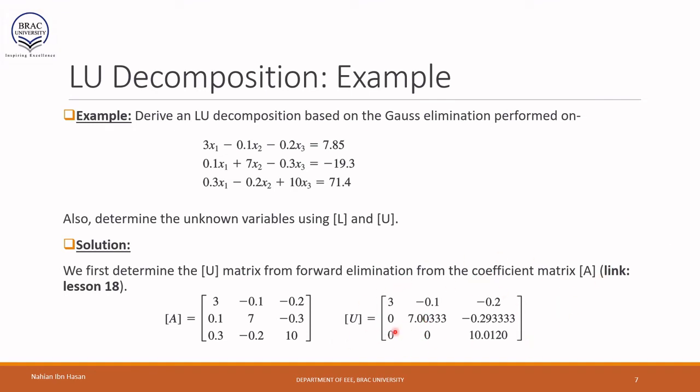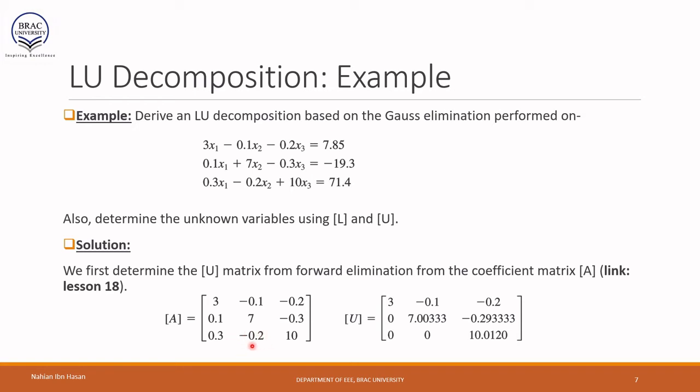In the same process, we can easily get the lower triangular matrix if we remember the multiplicative factor at each step. For example, in the first step, the F21 multiplicative factor would be 0.1 divided by 3. Similarly, the F31 multiplicative factor would be 0.3 divided by 3.